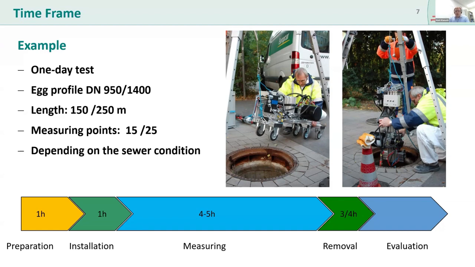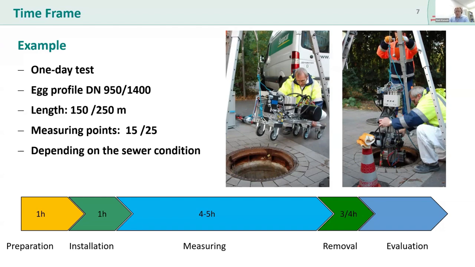And on the bottom side, you can see a typical time frame. You need like 1 hour for preparation. During that time, you can do the optical inspection of the sewer if you have not already done that, or you should have done. You need about 1 hour to install the device in the sewer. You have a general width of 600 millimeters in Germany in the manhole entries, and you can disassemble the device into like 3 or 4 bigger portions that are reassembled down in the sewer.